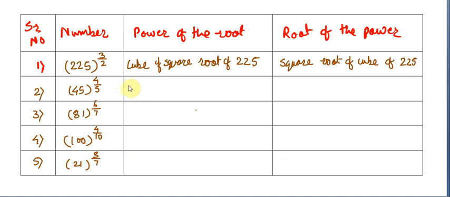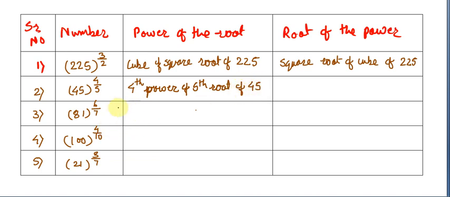We can say that fourth, to write it in fourth. So first we have to write the power. So numerator first. So fourth power of fifth root, denominator is 5, so fifth root of 45.